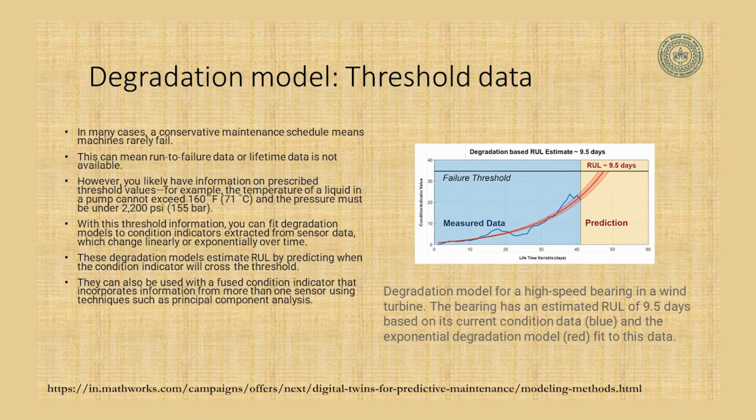The remaining useful life prediction, for a high speed bearing in a wind turbine. Based on the current data, which is in blue, you do a fitting, and that fitting gives you this kind of a bound, two curves, and based on that you come up with this intermediate mean curve, and that mean curve meets the failure threshold here.